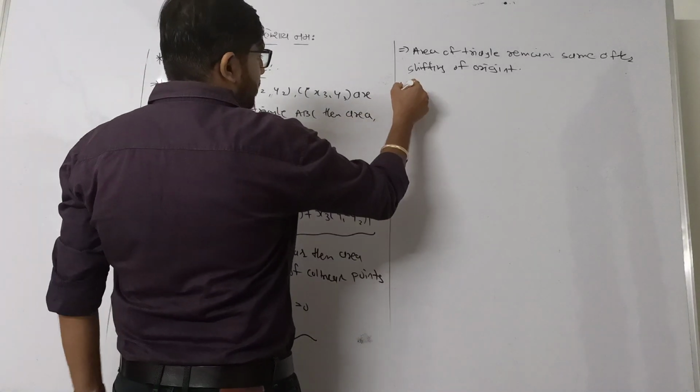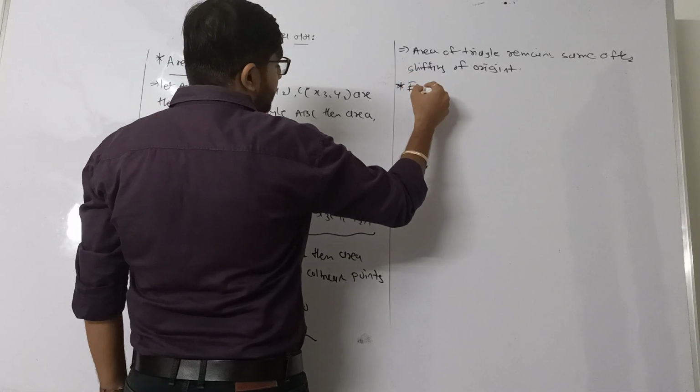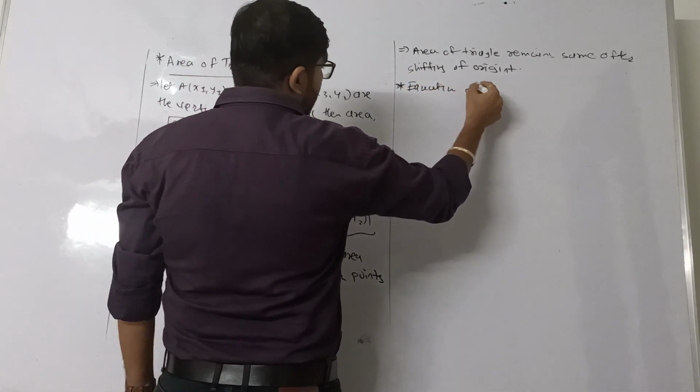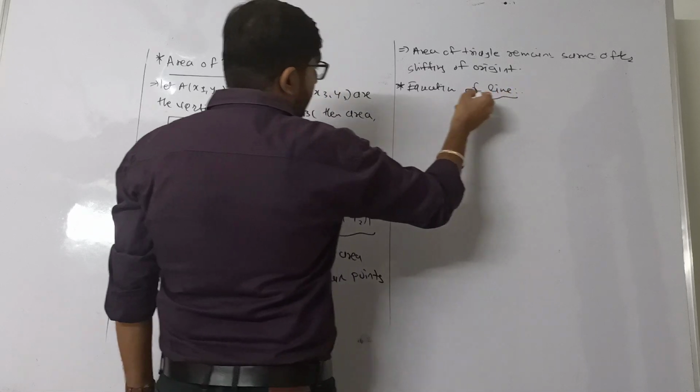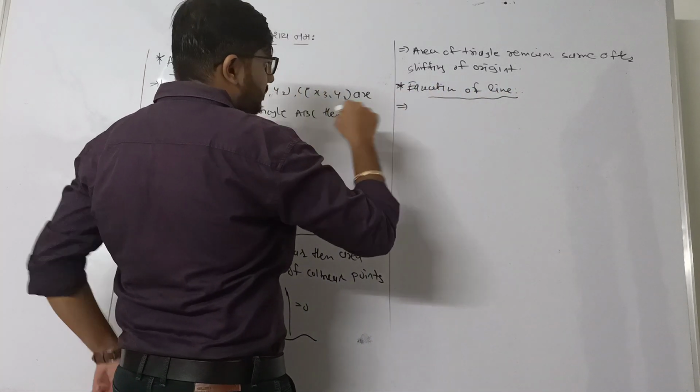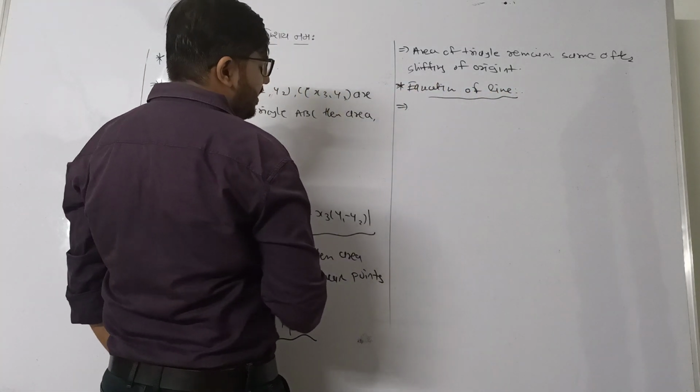Now let's talk about the equation of a line. This we already studied, but now we have to follow the rule, the equation of a line based on determinant.